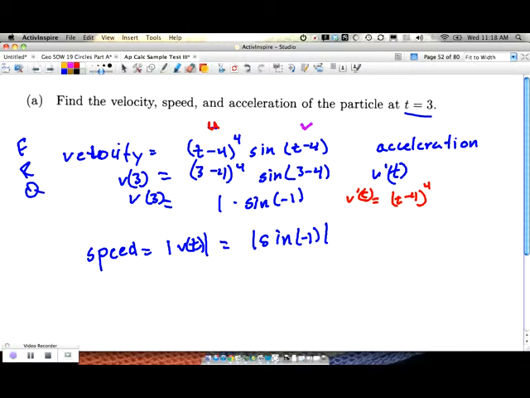Actually, we need to take the derivative of that. We could do it either way because it's product rule, and product rule works both ways. But this will be 4 times (t minus 4) to the 3rd times the derivative of the inside, which is just 1, because the derivative of t is 1 and the derivative of negative 4 is 0. So I don't need the 0, I just need the 1. So that's u prime. Then we're going to multiply that by v. v in this case is sine of (t minus 4).